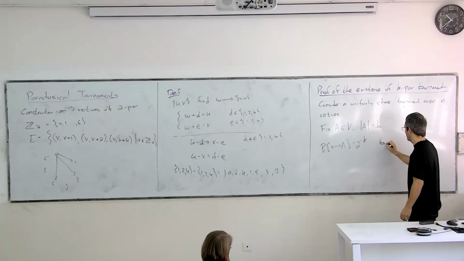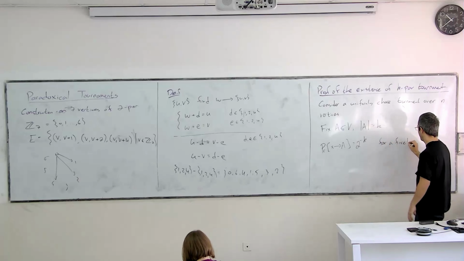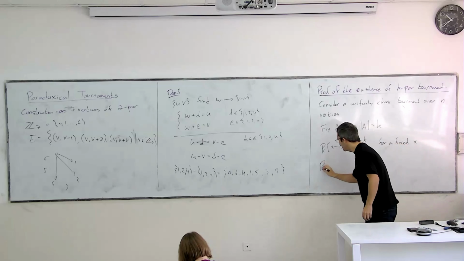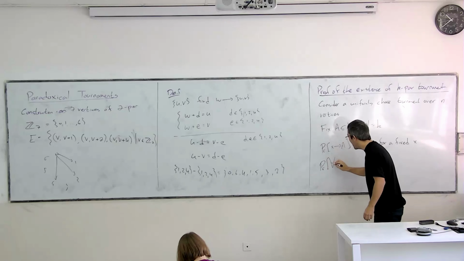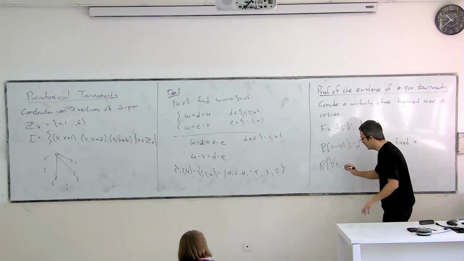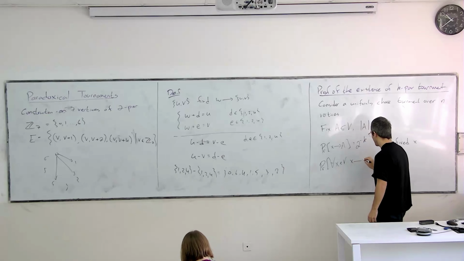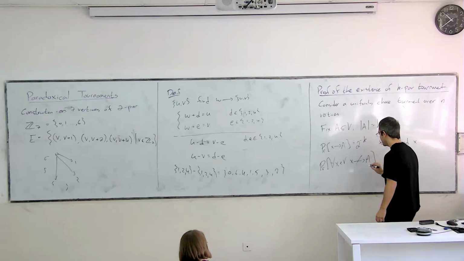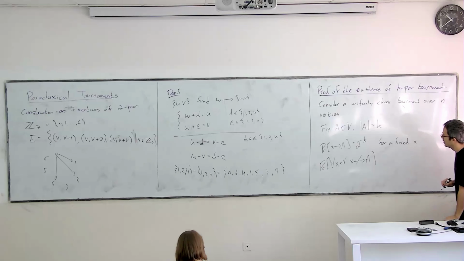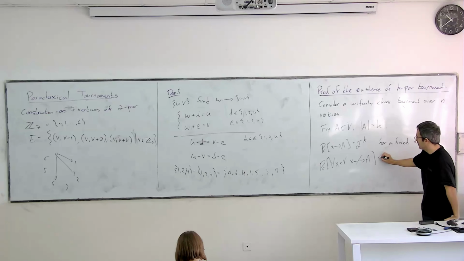So that's for a fixed x, for the fixed A. And so the probability that every x fails, I don't want that one, that every x fails, I did that, is what?